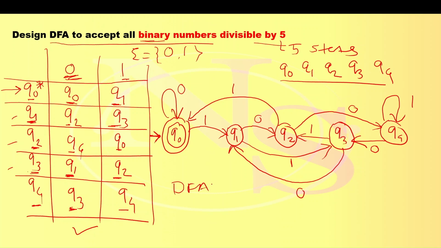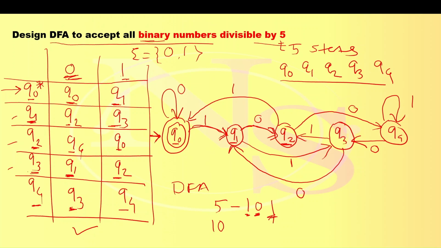If you want to verify, you can check which binary numbers are divisible by 5. It may be 5, it may be 10. What is the binary notation of 5? 101. Start reading. Our automata starts with Q0. First symbol is 1. Q0 reading 1 goes to state Q1. Q1 reading 0 goes to state Q2.